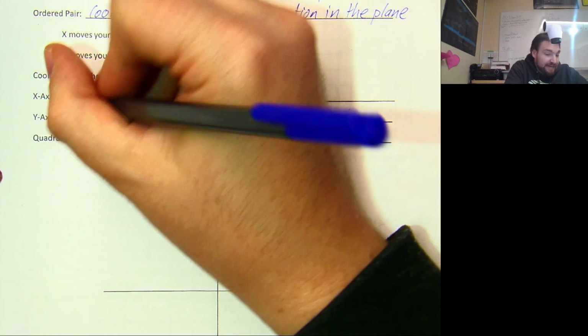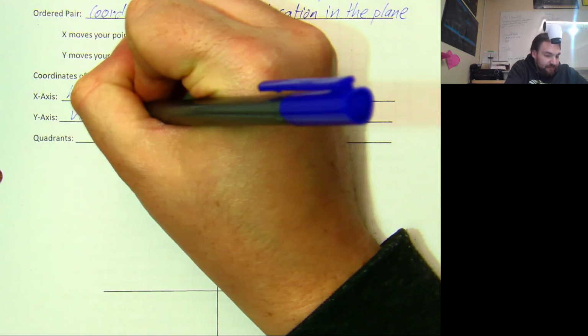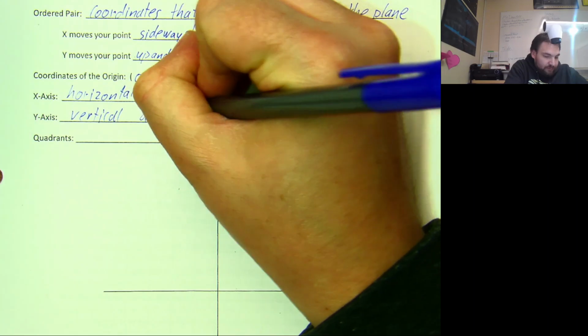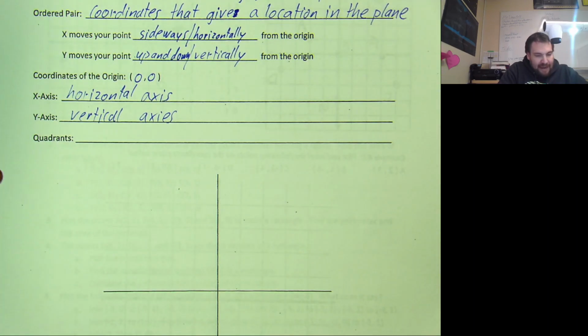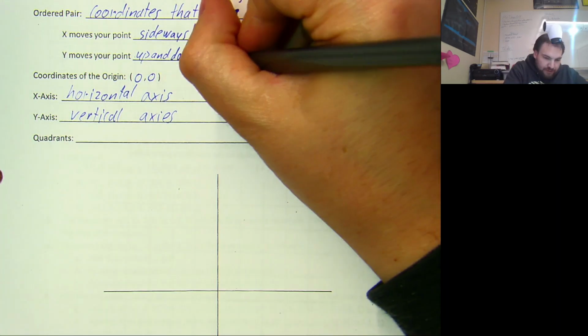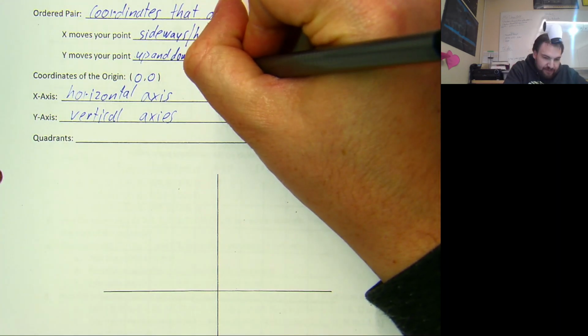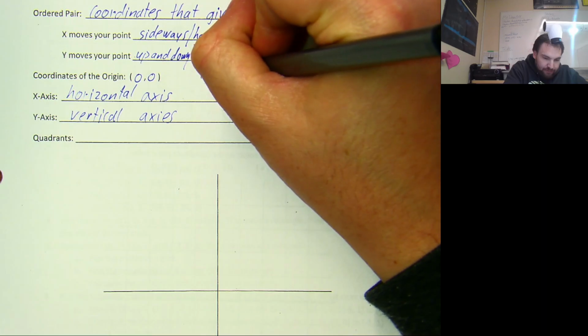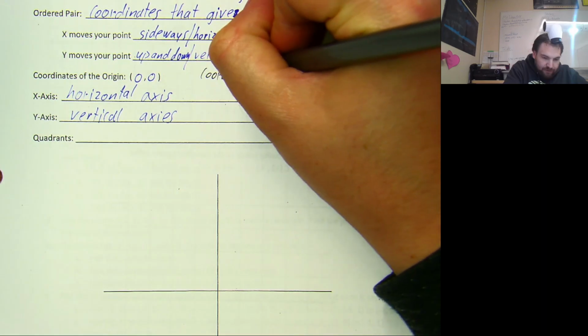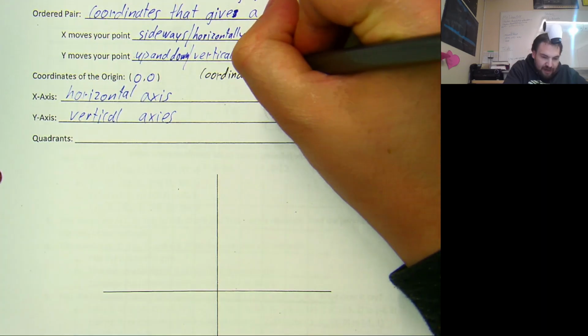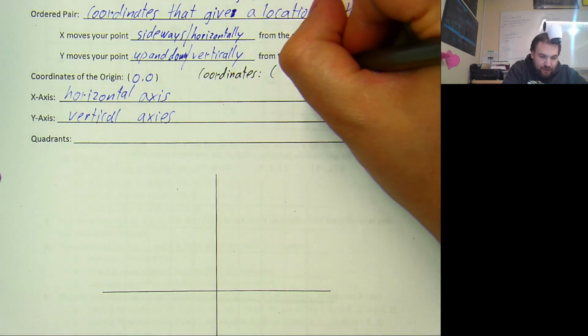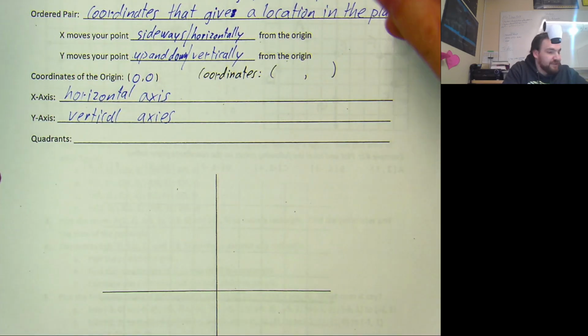So which means the y-axis is the vertical axis. And someone said it already, so we're going to add it in here. One of you said that when you have a set of coordinates, the x one comes first.